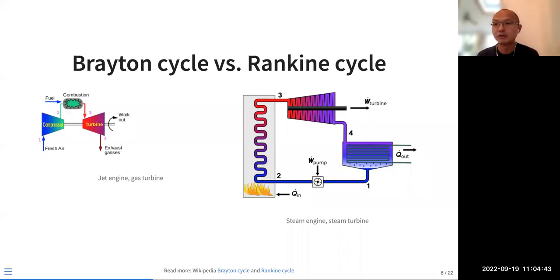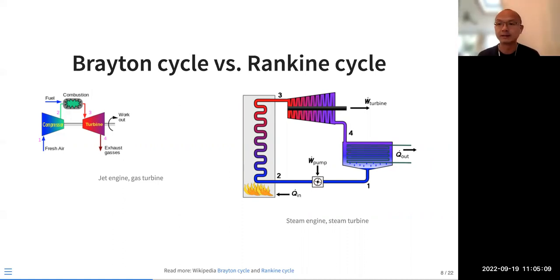It converts the fuel into compressed hot gas, and that gas drives the turbine to do the work or generate electricity if it's a gas turbine. As you can see here, when you take the airplane, right?